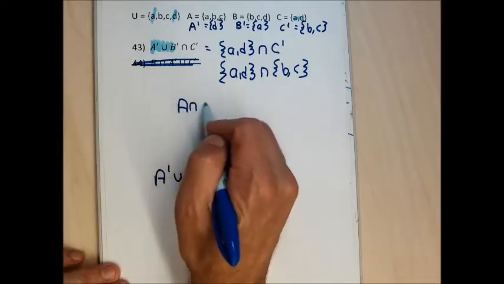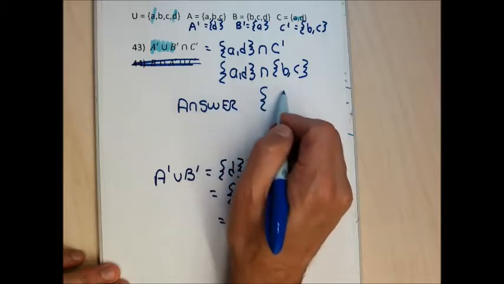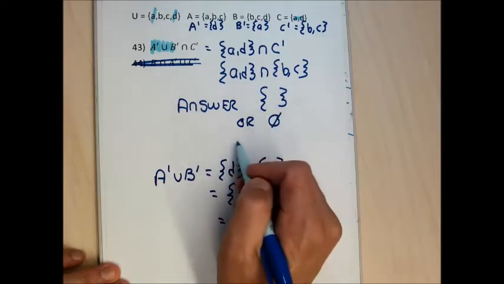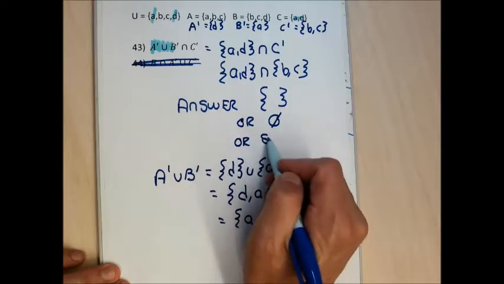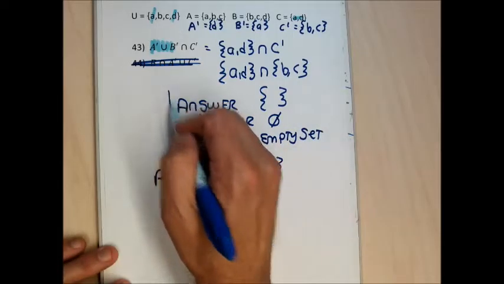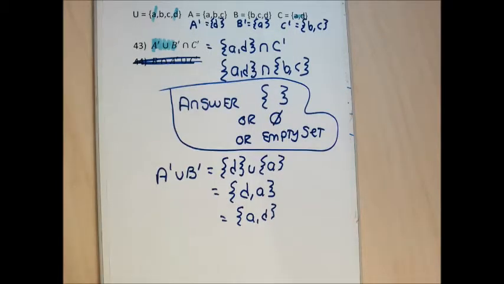So my answer needs to be some form of the empty set. You can write your answer like that, or you can write your answer like that, or you can write your answer using the words empty set. They're all equally good answers. You just have to decide which one you prefer and stick with it.